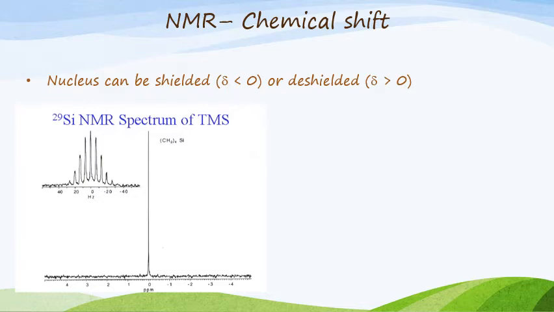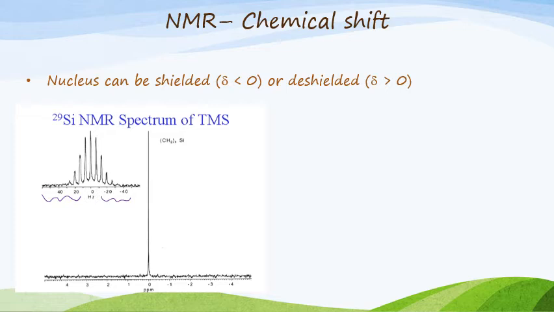A nucleus can be shielded where the delta is less than 0, or deshielded where the delta is greater than 0. Okay, so we sometimes use TMS, tetramethylsilane, and we get one very strong peak, but then if we expand that peak, you can see that these peaks here are shielded, these ones here are deshielded.